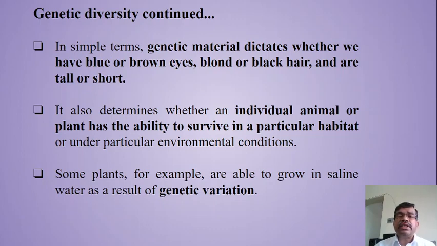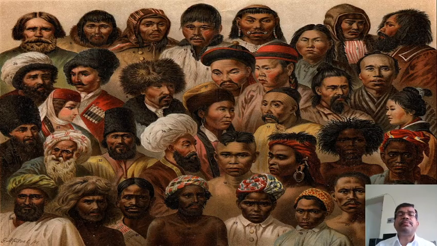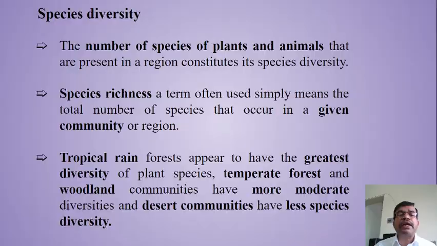And the individual animal or plant has the ability to survive in a particular habitat, and this also is determined by the genes that they carry. And this is a picture to show the differences among the human beings because of the genetic makeup.